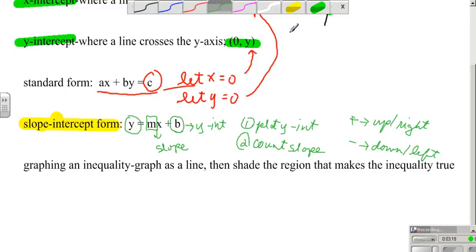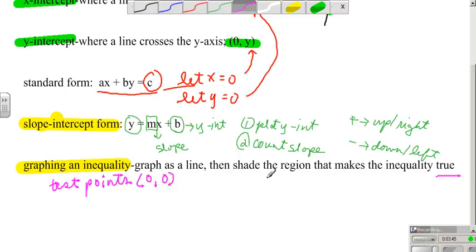Now, when we're graphing an inequality, a lot of the same rules are going to apply. You're first going to pretend it's a line and graph it like a line. Then we're going to shade the region that makes the inequality true. So I'm going to use test points when I do this, and whenever possible, I use (0, 0).